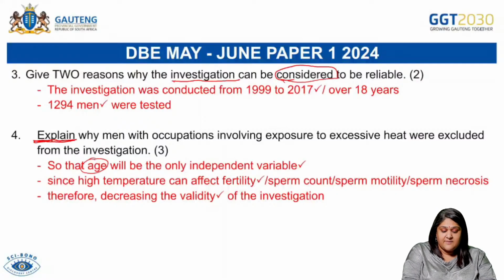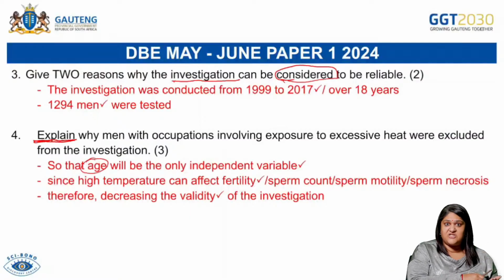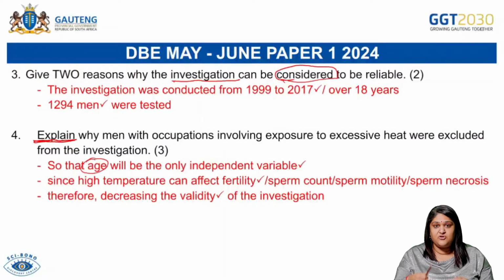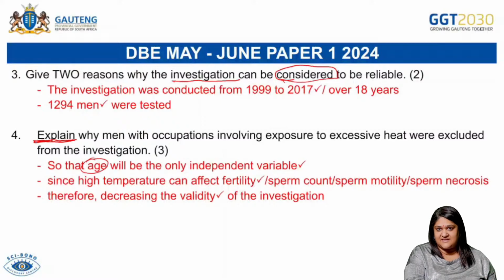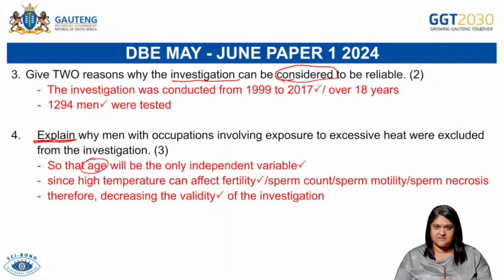They want to figure out how age is affecting fertility. But if they include another variable of exposure to excessive heat, that can also affect fertility. So they want to exclude that so that only age is the variable that is going to affect the result.